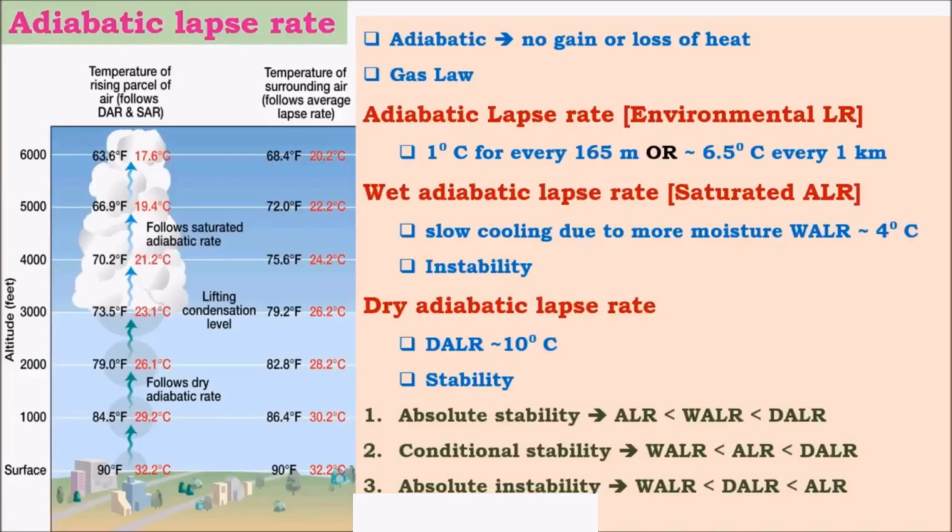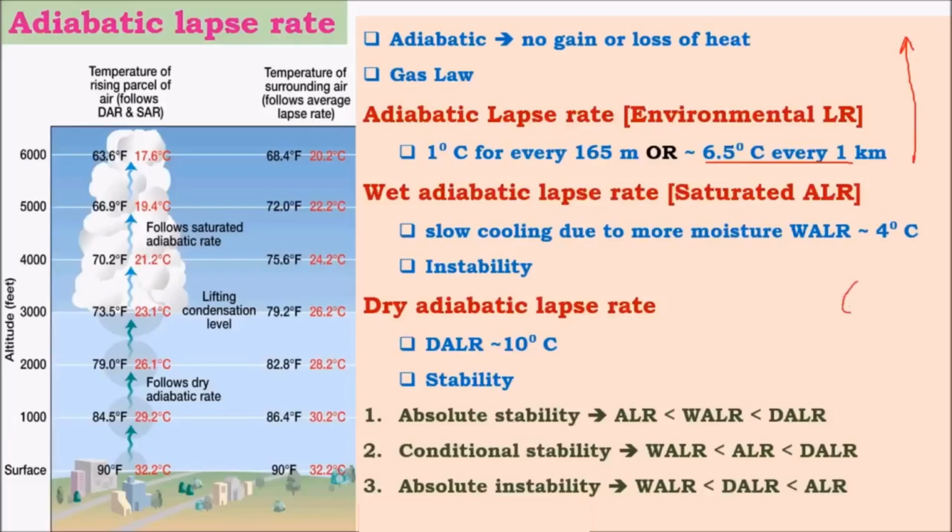We have seen that lapse rate is nothing but the fall in temperature as we move upwards. It is about 6.5 degrees Celsius for every 1 kilometer increase in height. This is the normal lapse rate that we consider in practical terms in general situations. So in normal conditions we have a certain amount of moisture in the air, and other features like the composition of gases, etc., are all very similar or typical.